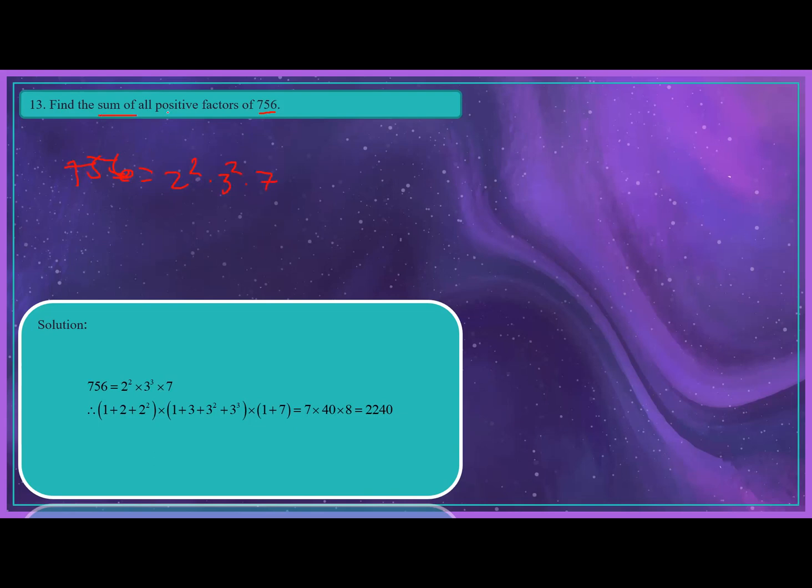To find the sum of all positive factors, you add 2 to the 0 plus 2 to the 1 plus 2 squared, times 3 to the 0 plus 3 to the 1 plus 3 squared plus 3 cubed, times 7 to the 0 plus 7 to the 1.